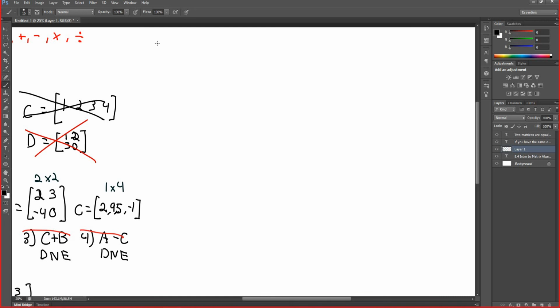So scalar multiplication is when I just have a constant c. I'm going to actually write this out. Multiplication. So if I had C times some matrix A, all I would do is multiply.